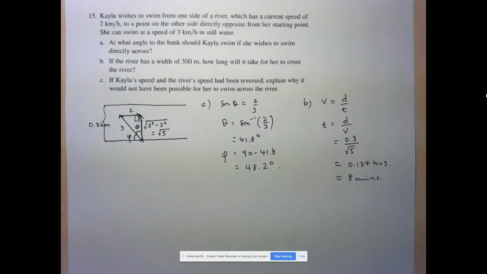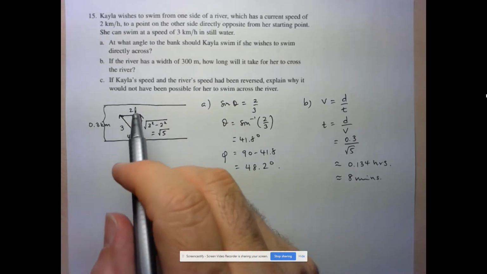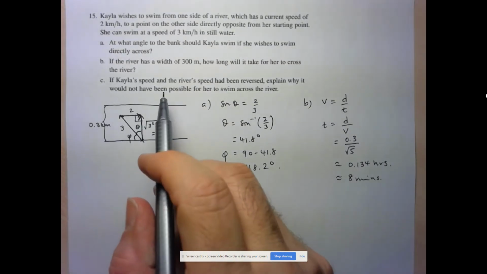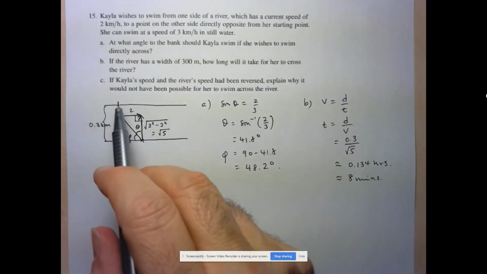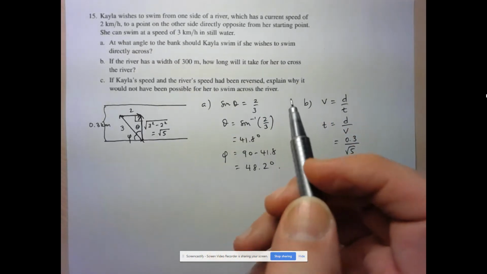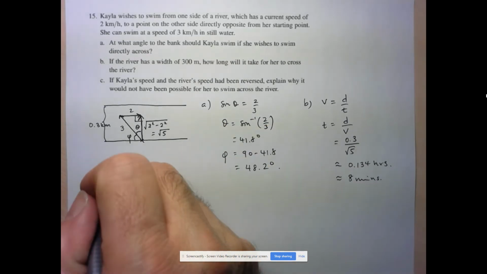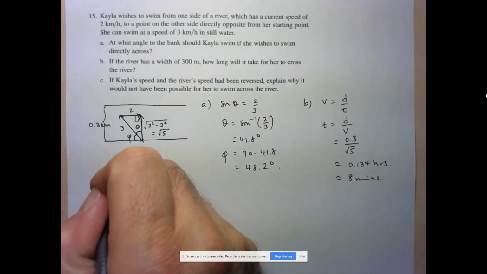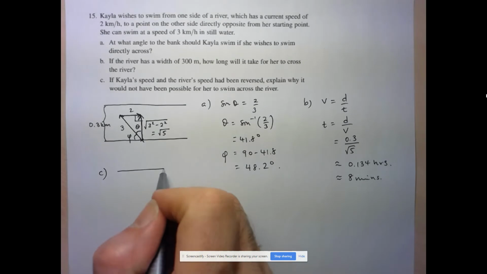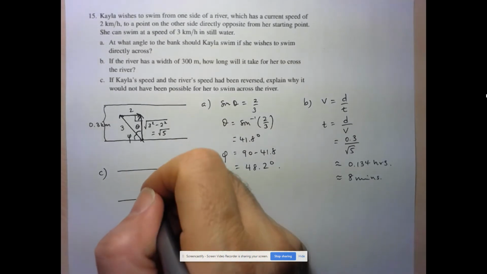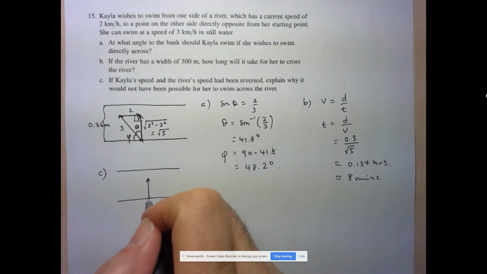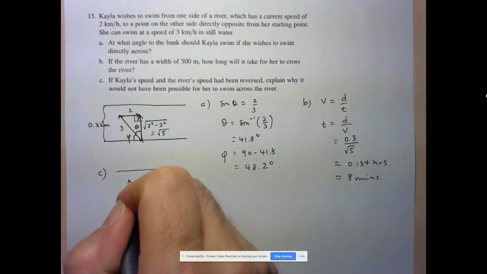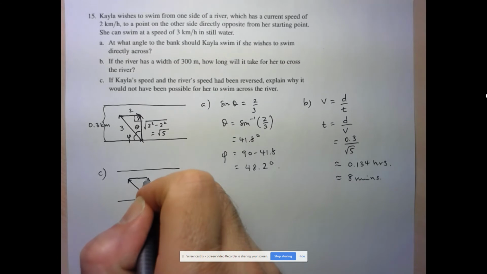All right, so let's take a look at C here. It says if Kayla's speed and the river speed had been reversed, explain why it would not have been possible for her to swim across the river. Let's redraw the diagram with those reversed. If I draw the same diagram, I'm still looking to get straight across. There's the velocity she would have to travel at, plus the velocity of the current.